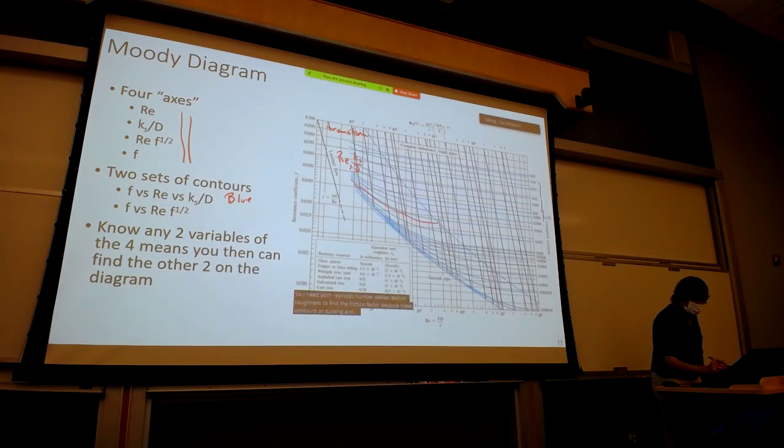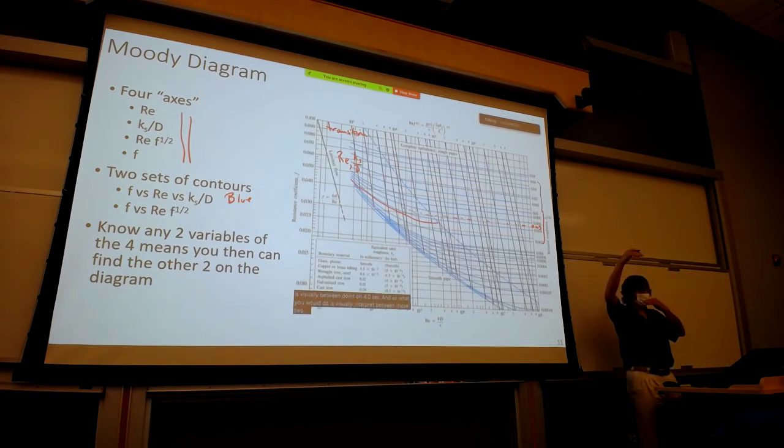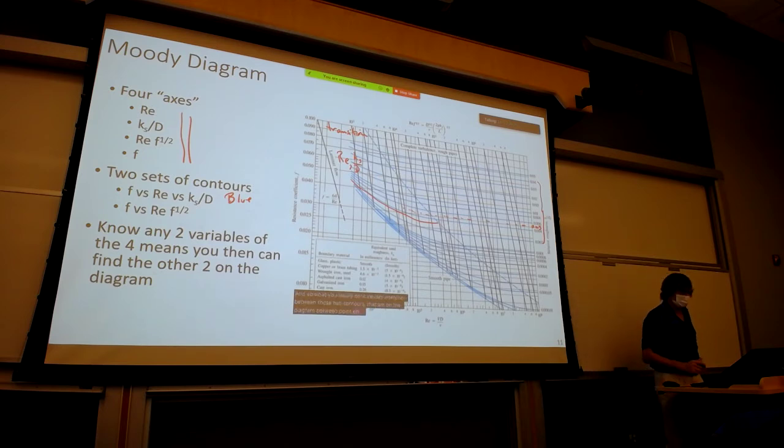And if you had, for example, a relative roughness of 0.005, it is visually between 0.004 and 0.006. And so what you would do is visually interpret between those 2 contours that are on the diagram between 0.004 and 0.006.